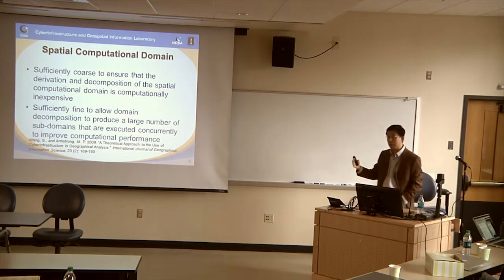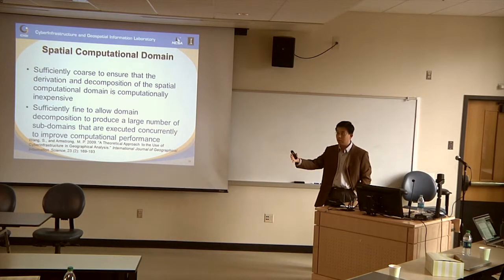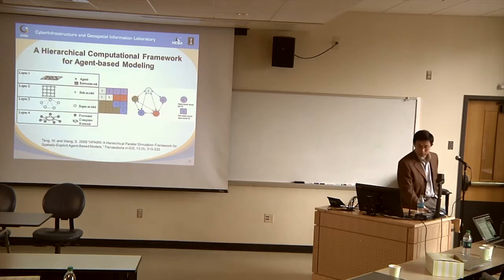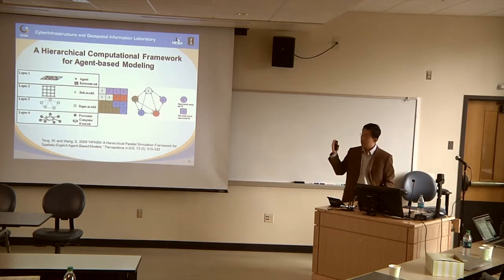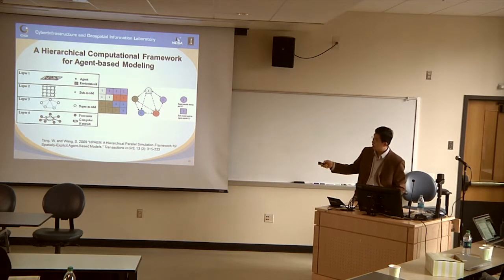Of course, sometimes you would need to do approximation, but once you get into a computer, even if you don't do parallel computing, you're doing approximation. That's discretization in the first place. So an example of achieving holistic problem solving while introducing the notion of spatial computational domain is an agent-based model like this.